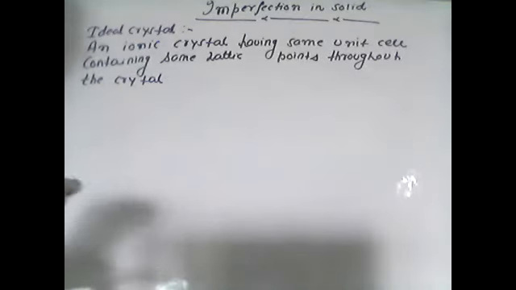He is standing somewhere in between. He is supposed to be in the line, but he is not. So what happened? A defect is created. He is standing somewhere in between the line, so one defect is created, like any other type of deviation.